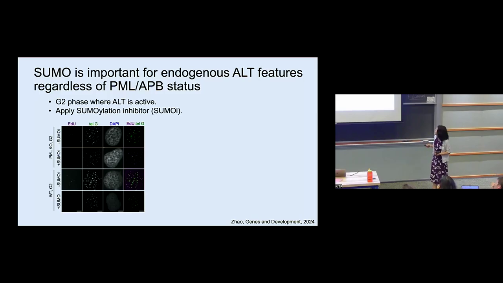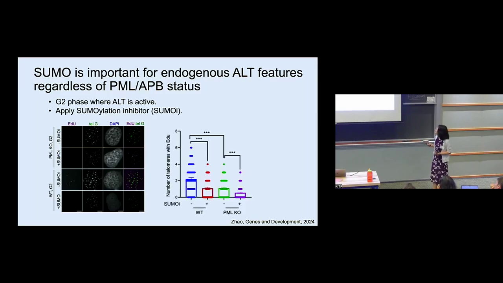And then we look at the EdU synthesis, and the quantity is low, but we can quantify it nevertheless. And we can see in both cases, the SUMO inhibitor will reduce the amount of telomere DNA synthesis on the telomeres. But again, if you just look at the wild type compared to the PML knockout, endogenously, you still see more in the wild type than the PML knockouts.